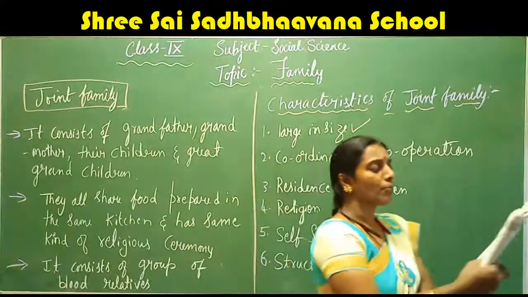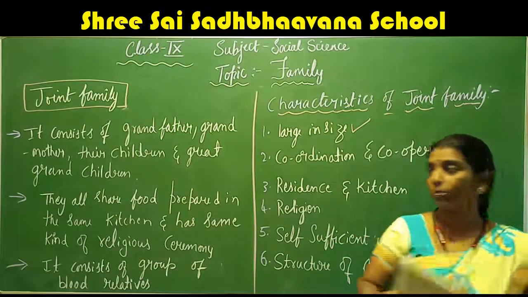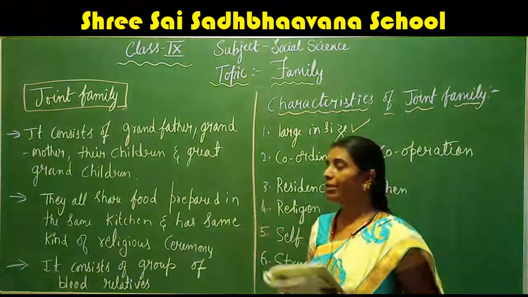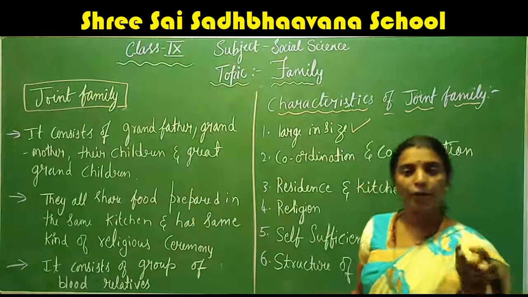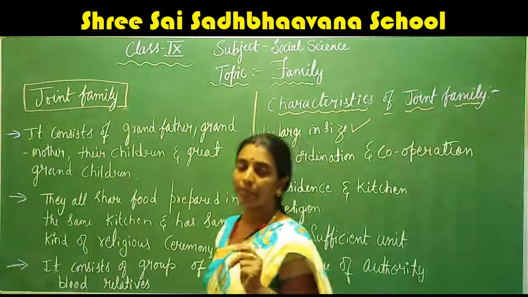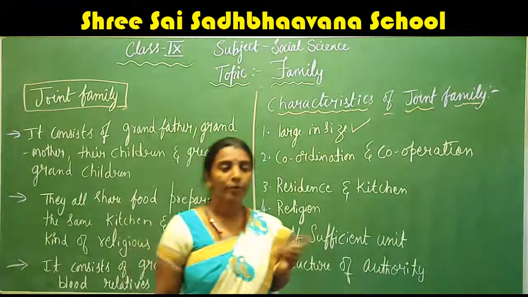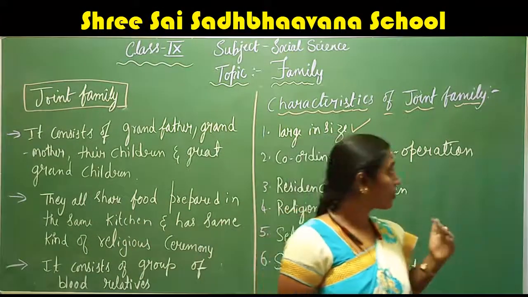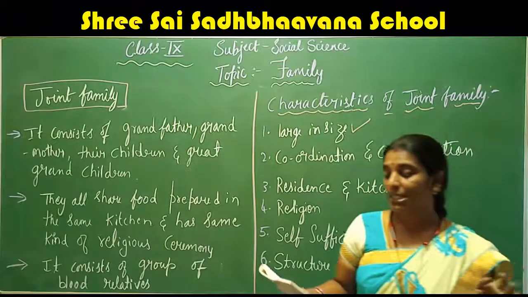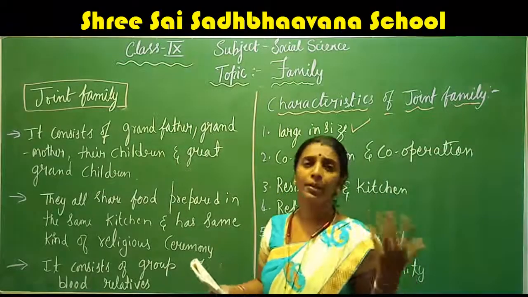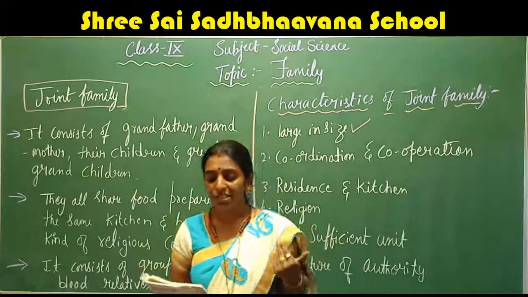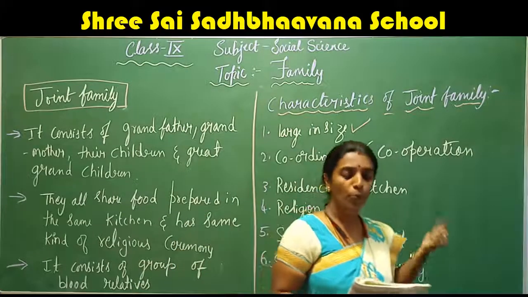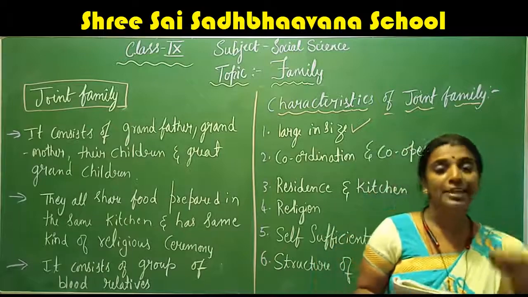Members are more in the joint family, I told you, because there are the grandfather, grandmother, the children. When you come to the nuclear family, only father, mother, and their unmarried children or the adopted children will be in the nuclear family. But in the joint family, it is the grandfather, grandmother. Because of this, it consists of people of two or more generations under the same roof.